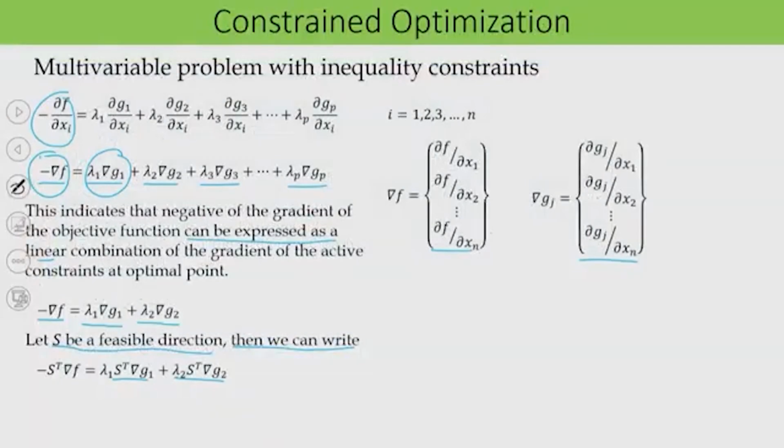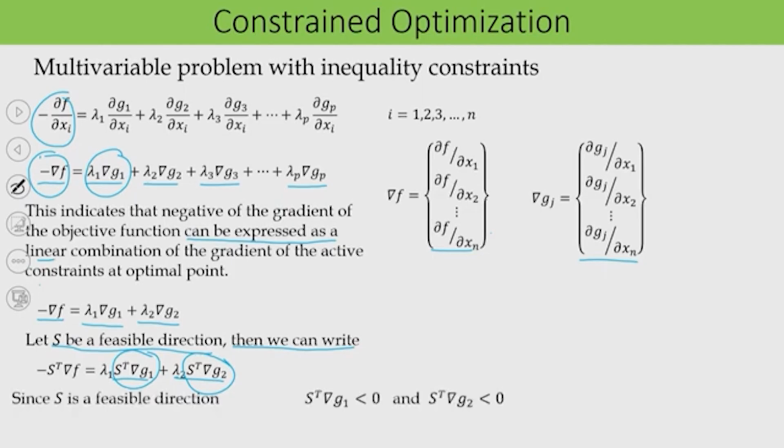Now, what does it mean basically? If it is a feasible direction, this value should be less than 0, and this value also should be less than 0. I will explain with a figure in my next slide. So, S transpose del g 1 should be less than or equal to 0 and S transpose del g 2 should be less than or equal to 0.